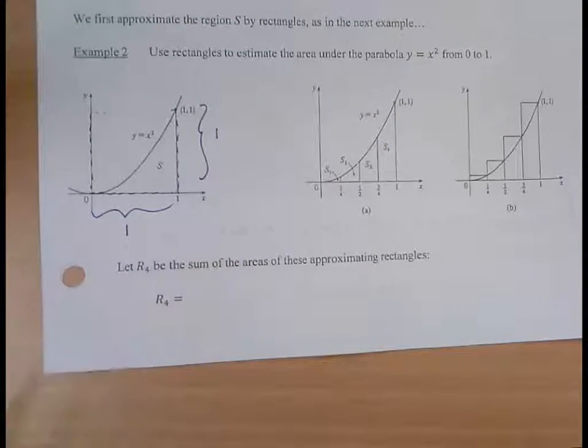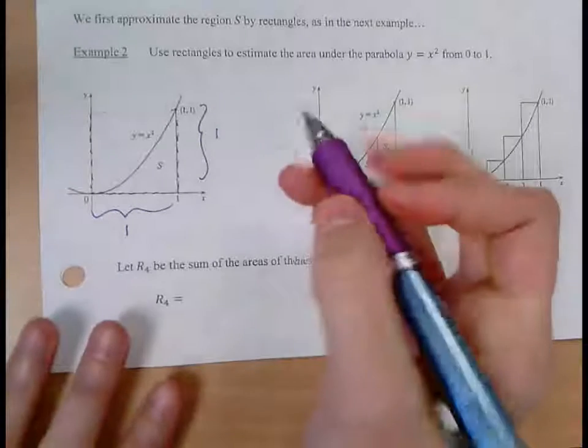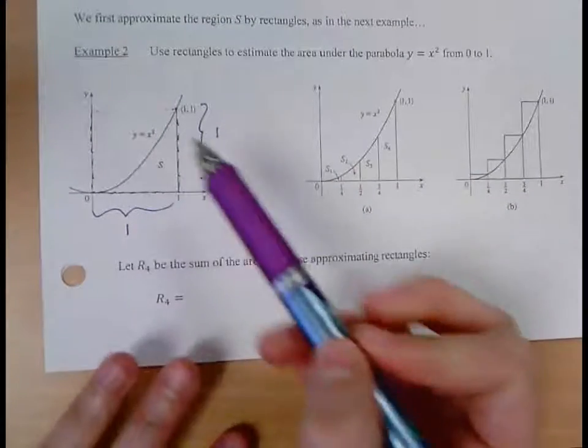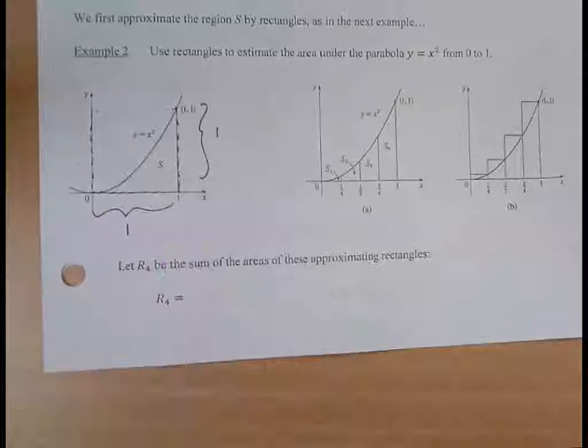So we know that the area of S must be greater than 0, but it also must be smaller than 1, because a square of area 1 fits around it. So the area of S is somewhere between 0 and 1. We can conclude that here. Now, that's not a very specific estimation, just to say it's somewhere between 0 and 1. I know that's a pretty small interval, but we can get a better estimation than that.